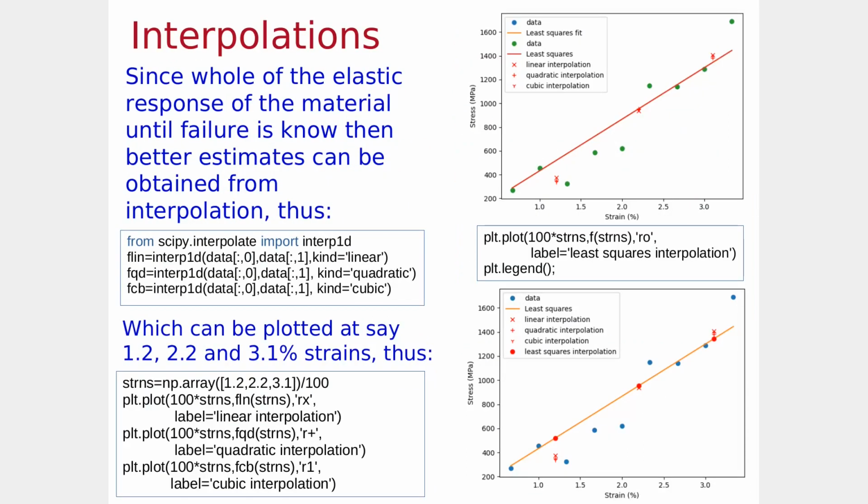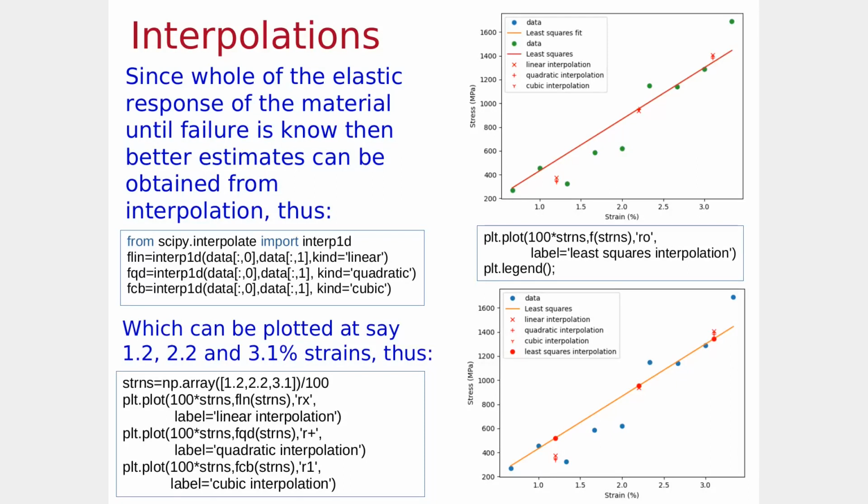So interpolations. Since the whole of the elastic response of the material until failure is known, then better estimates can be obtained from interpolation. So what we could do at this particular moment is interpolate, and the way in which we've done that is to use 1D interpolation. We could do a linear interpolation between the data, and then a quadratic, and perhaps a cubic.